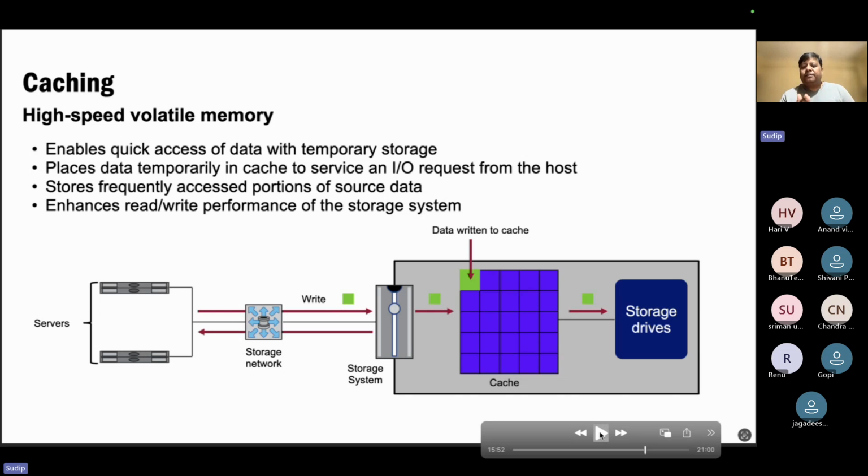It will first reach the front-end ports of the storage system. The front-end port will allow that chunk of data to be temporarily stored in the cache or volatile memory of the storage controller. From there, the backend of the storage controller will read the data from that volatile cache and write it permanently to the backend hard disks or SSD drives.